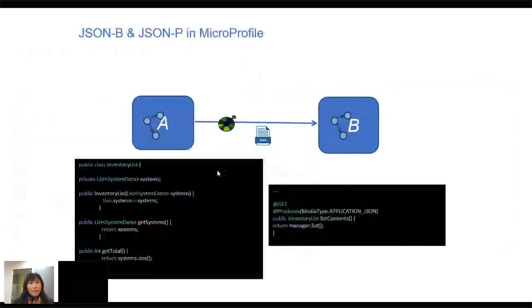So the next page gives you a bigger picture of how to use JSON-B and JSON-P in MicroProfile. As I mentioned earlier, in MicroProfile you create a JSON resource, with either a get or put operation, and then you can add produces media type application JSON, and then you have a return type. The return type on the right-hand side is inventory list. This inventory list is just like a data model.